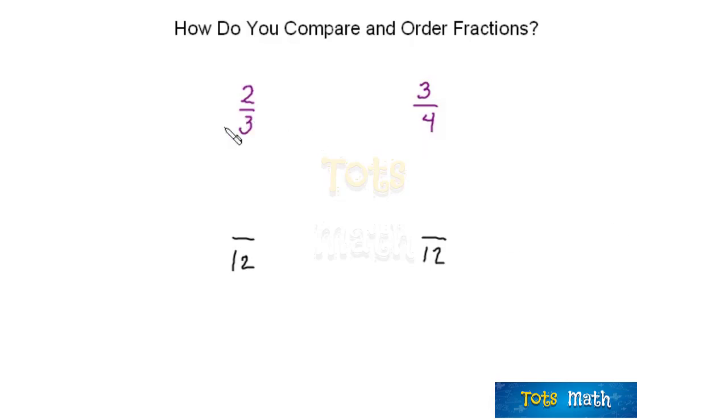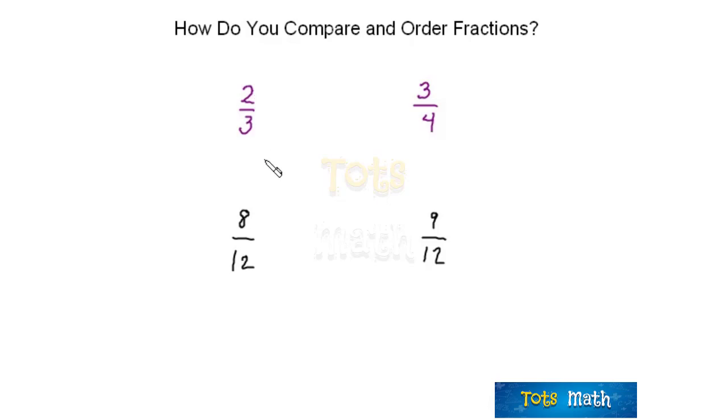Since we multiplied 3 by 4 to get 12, we have to multiply the numerator by 4 to get our new numerator. So 4 times 2 is 8. And since we multiplied 4 by 3 to get 12 in this fraction, we should multiply the numerator by 3, and that'll give us 9.